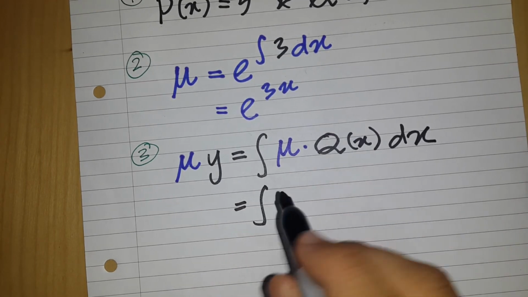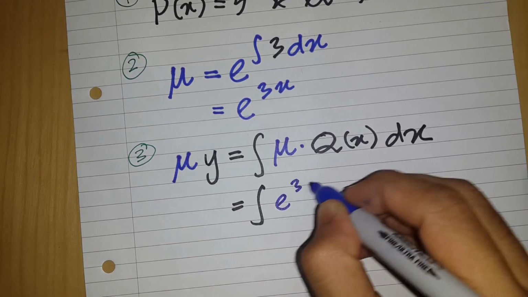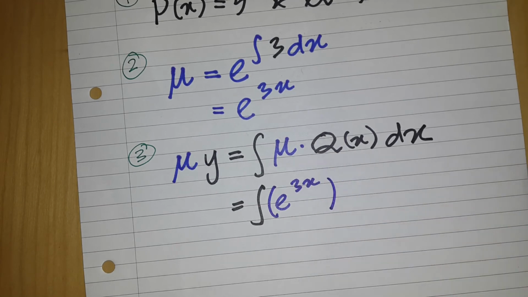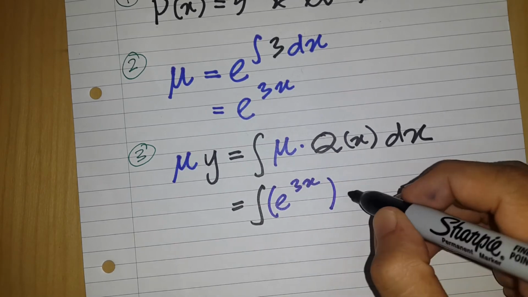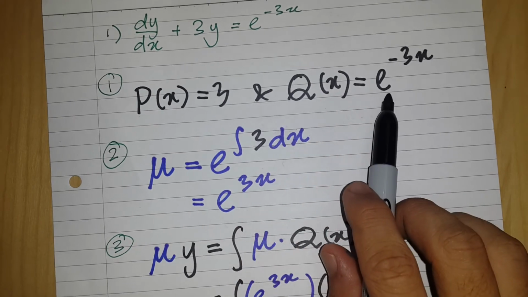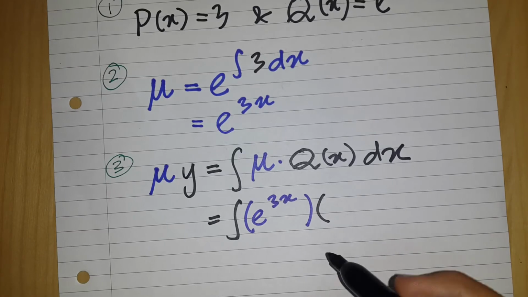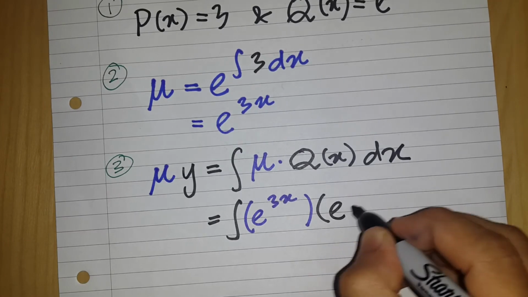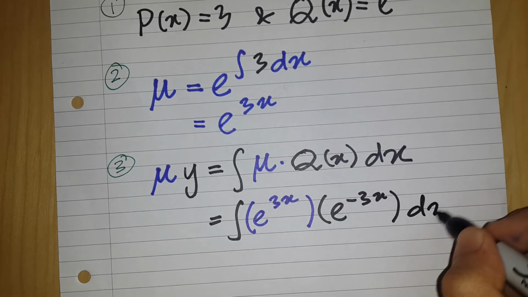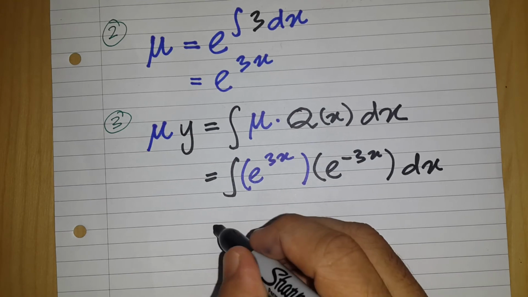Alright, so what is our mu? Let's substitute mu equals e to the 3x, and Q(x), let's recall, is e to the power of negative 3x, and we are going to integrate with respect to x.